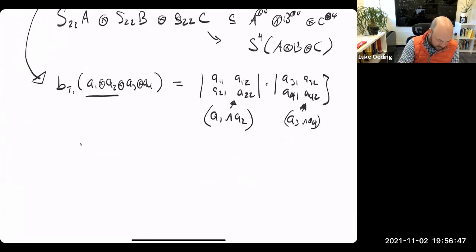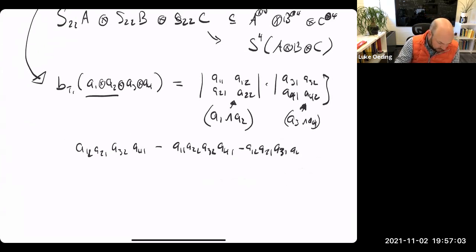I get 4 terms, and they look like this: A1,2 A2,1 A3,2 A4,1 minus A1,1 A2,2 A3,2 A4,1, minus A1,2 A2,1 A3,1 A4,2, and then one more, A1,1 A2,2 A3,1 A4,2. Okay, so 2 minus signs, 2 plus signs.